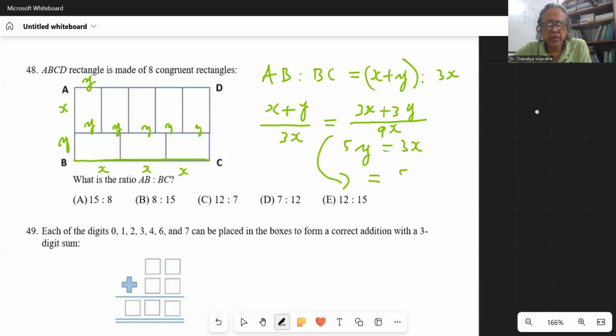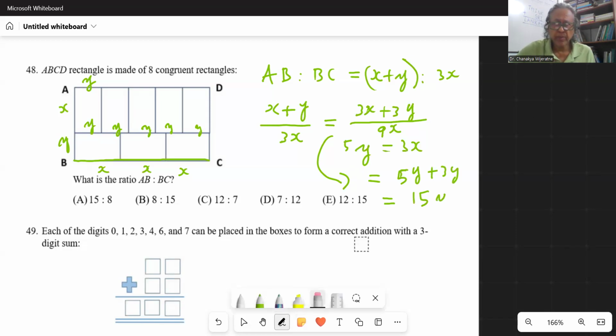So 5Y plus 3Y or 9X, which is actually 15Y, right? 15Y. 3 times 5Y, right? 15Y. Wait a minute. What am I writing?